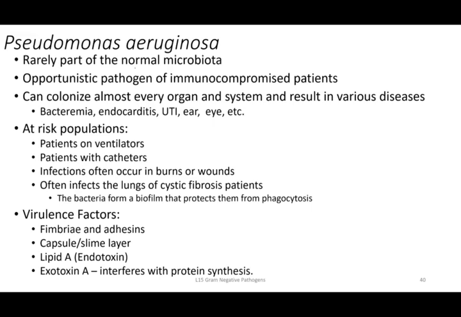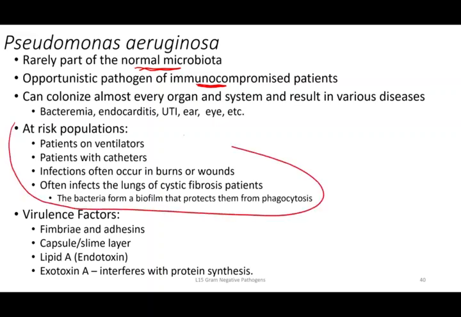It's rarely found in humans, and so if it does establish itself there, it can be an important opportunistic infection. And so individuals that are at risk, obviously immunocompromised patients, but there's some other individuals, and this is just getting a little more specific. You could kind of put these as immunocompromised in different ways.